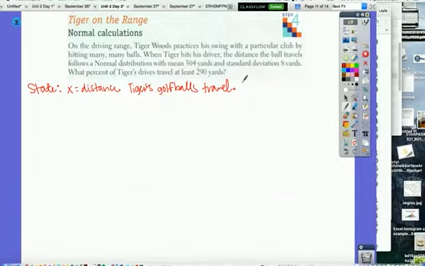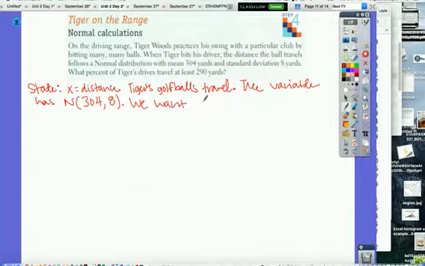And you might want to say the variable has a normal distribution with a mean of 304 and a standard deviation of 8. And you want to say we want the proportion of Tiger's drives where x is greater than or equal to 290.